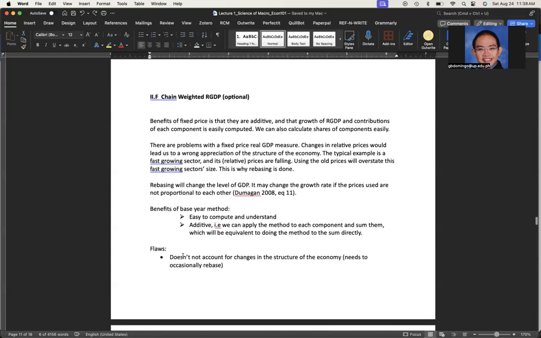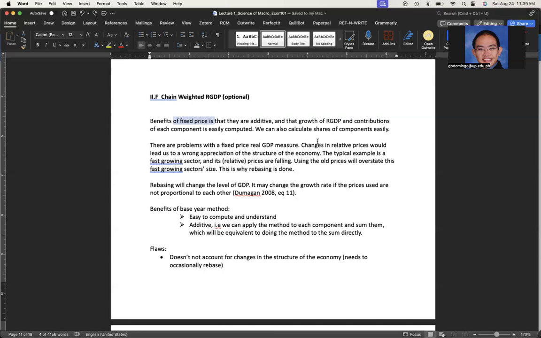All right. So while it says here optional, the concept of chain-weighted GDP is very important. So currently we are under a fixed price base year, as we said. That's how you calculate real GDP. So what's nice about a fixed price real GDP, it's additive. The growth of RGDP and its contributions are easily computed.